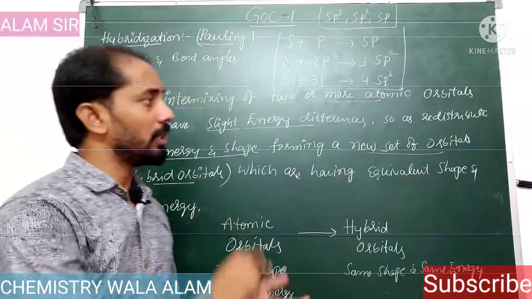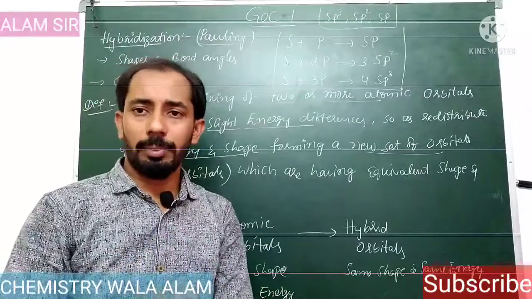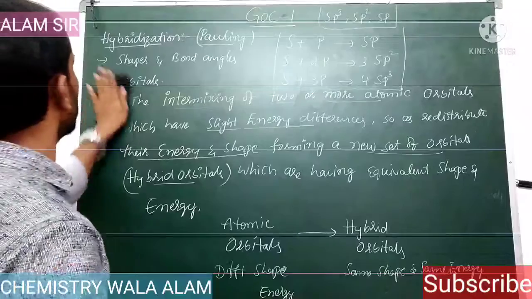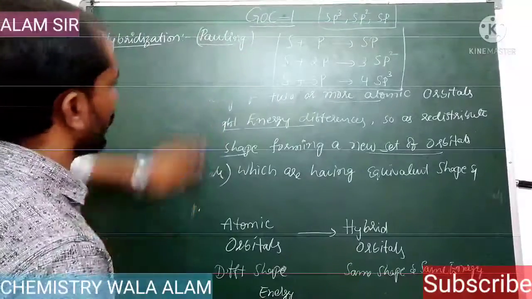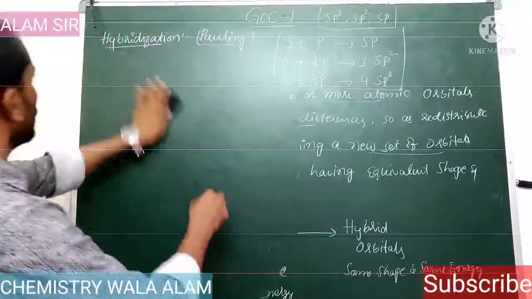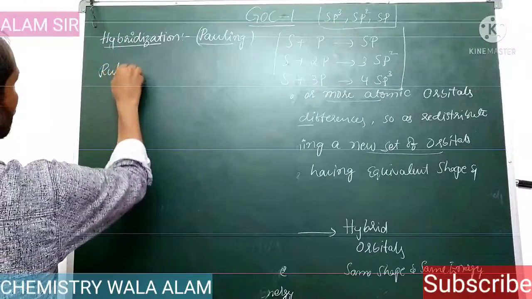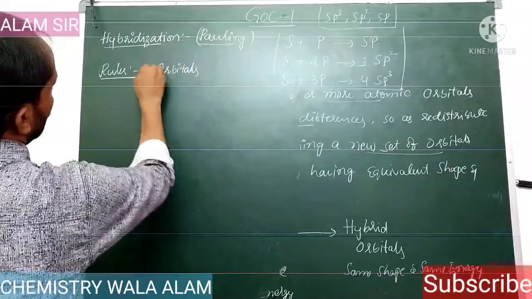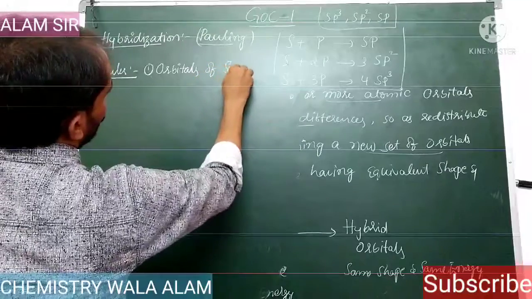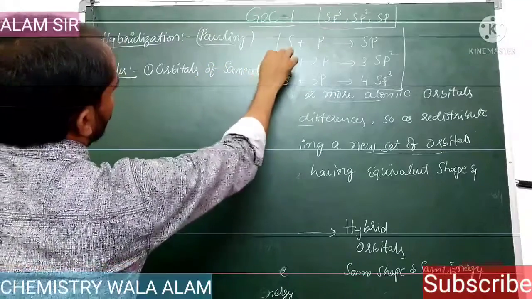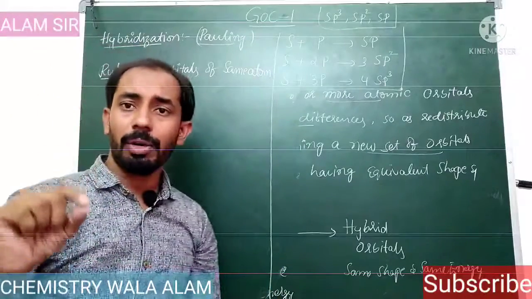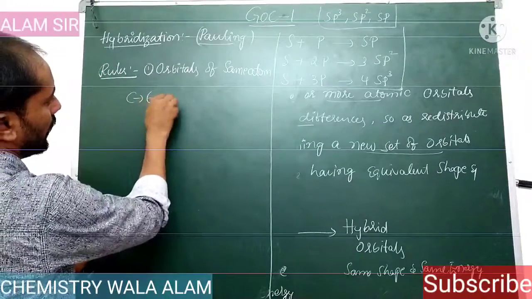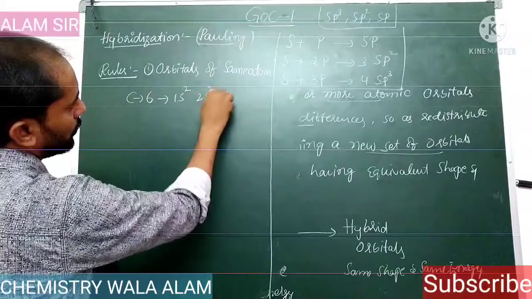Okay, so what are the main rules for writing hybridization? The first one is that orbitals of the same atom only are involved in hybridization. Suppose we take carbon, atomic number 6, electronic configuration 1s2, 2s2, 2p2.